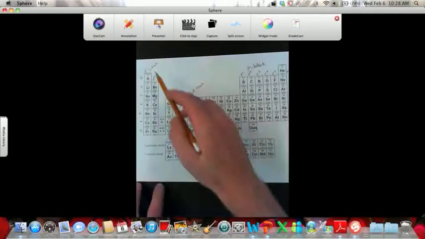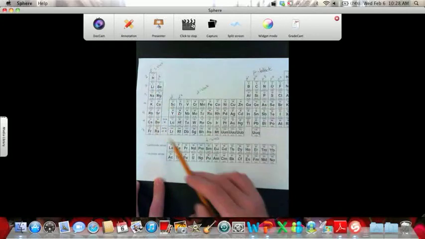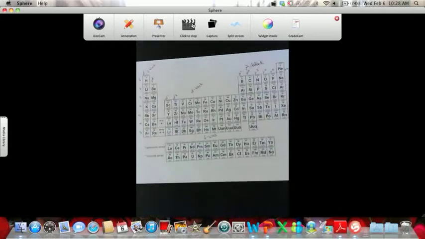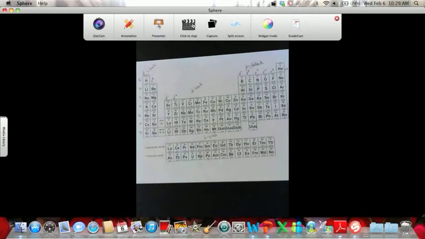One. So alkali metals are right here. Number two would be alkaline earth metals. Good. Now what block are they located in? S block. That means that every element in these two groups has a sublevel of S. That will be the last orbital that's filled with electrons, the S orbital.